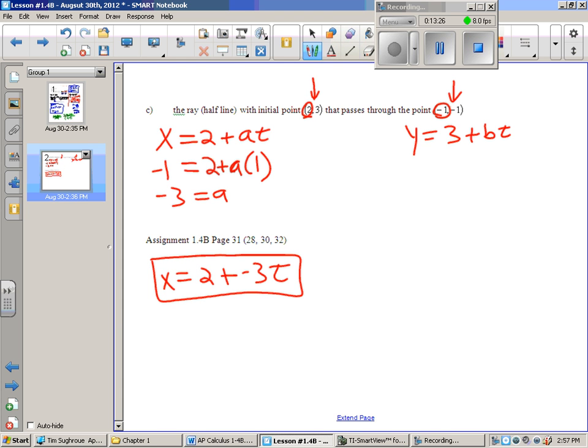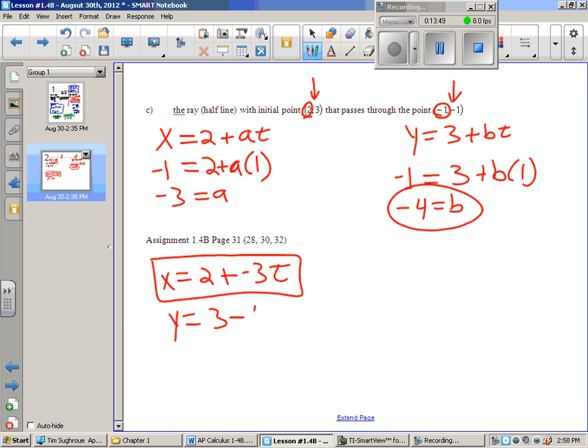Likewise, our y-coordinate is going to go from 3 to -1 in one time interval. Subtract, and we get b equals -4. So we get y equals 3 minus 4t.